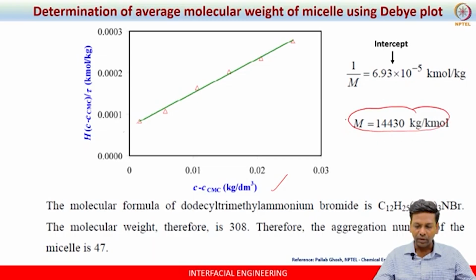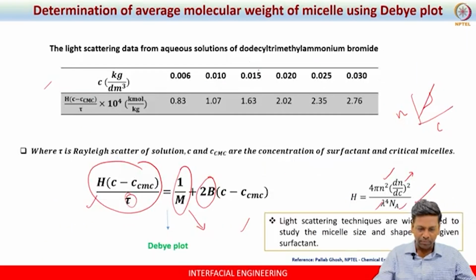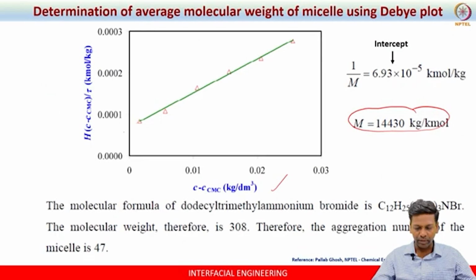So this molecular weight of the micelle can be imagined as the size of the micelle itself, right? When you divide this molecular weight by the molecular weight of the individual compound, that is the CTAB type surfactant, which we have used and for which the data has been produced, you can use the molecular weight of this CTAB surfactant, which is nothing but 308.